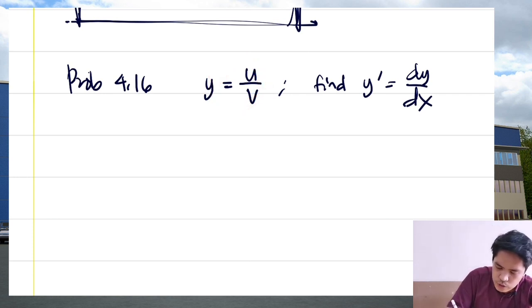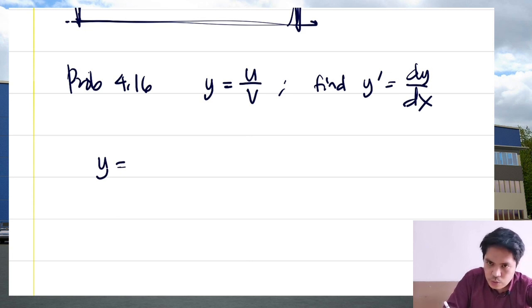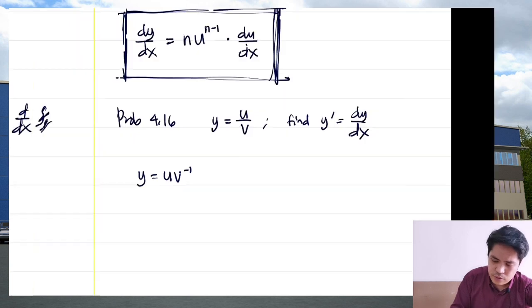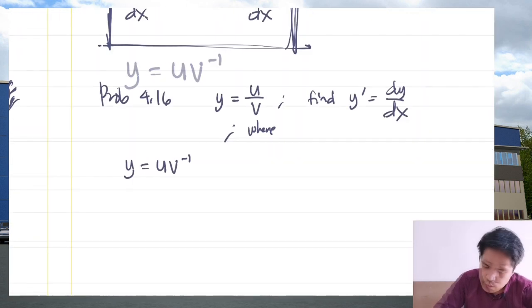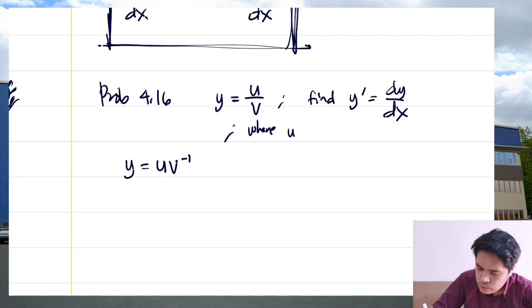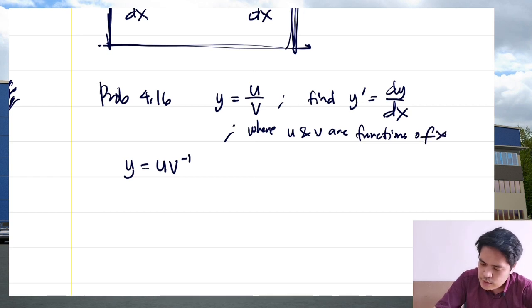So what we need to do here is to rewrite this function into a product. That would be the product of u and v raised to negative 1. So product na siya ng dalawang function. Okay, and both u and v are functions of x.